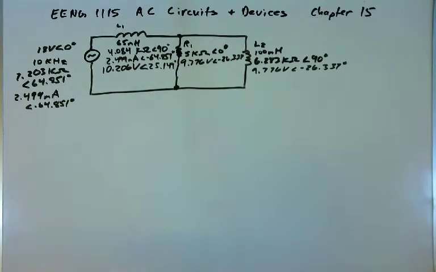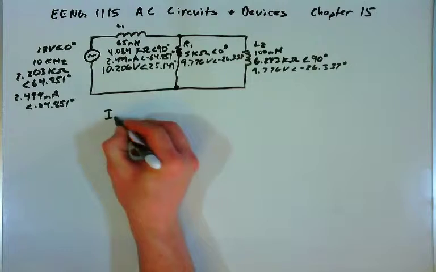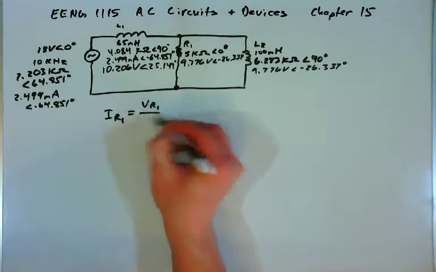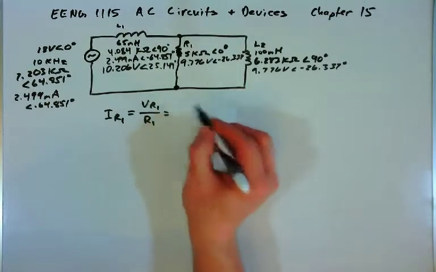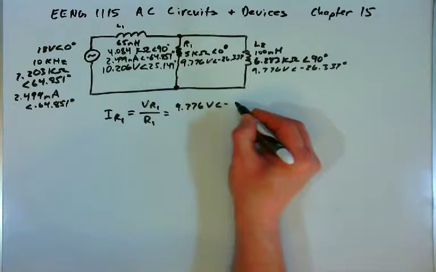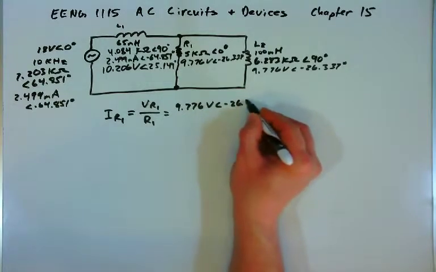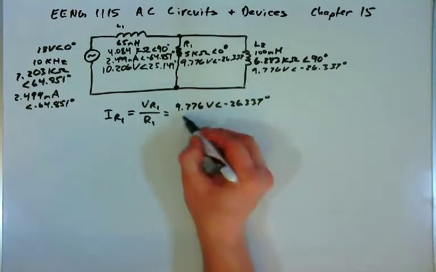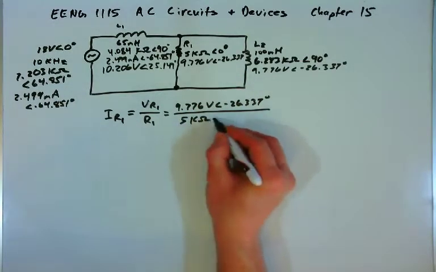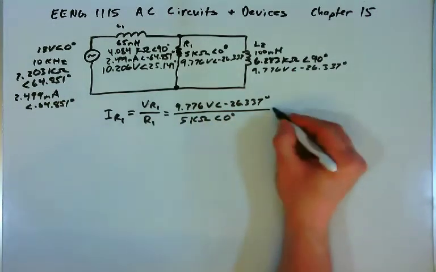Now that we know the voltage drops on R1 and L2, we can find the currents there. The current through R1 will be the voltage drop across R1 divided by the resistance R1. So we have 9.776 volts at an angle of negative 26.337 degrees, and we'll be dividing by the resistance, 5 kiloohms, at an angle of 0 degrees.